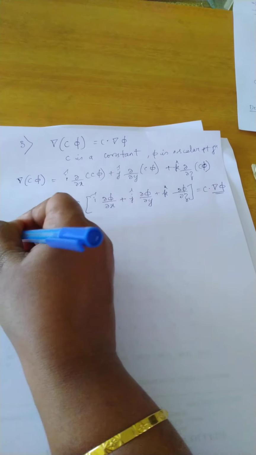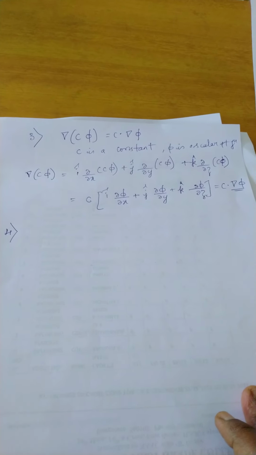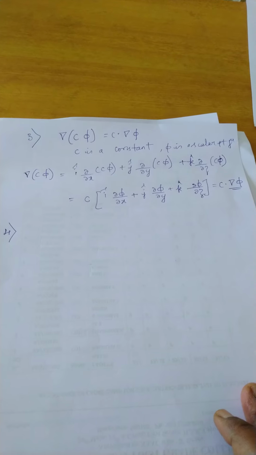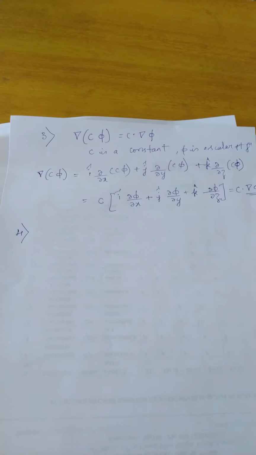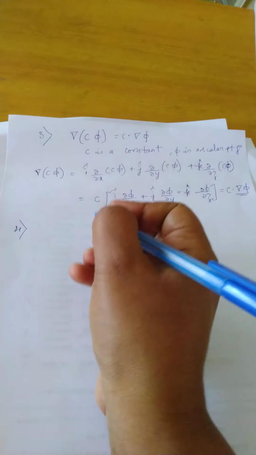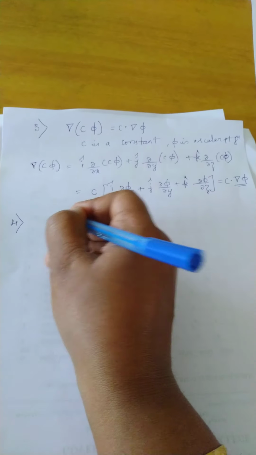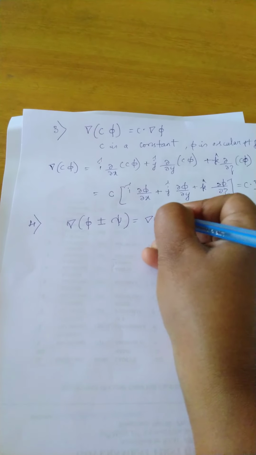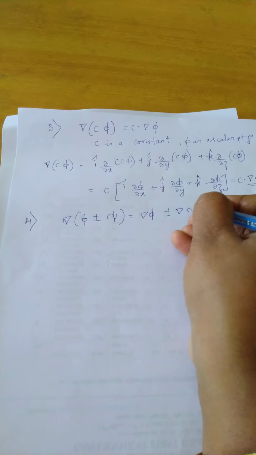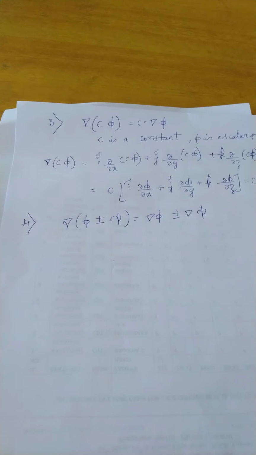Similarly, I would like all of you to solve some of the other consequences I will give you. That is, prove that grad of phi plus or minus psi is grad phi plus or minus grad psi. If you don't get it, I will do it once again.